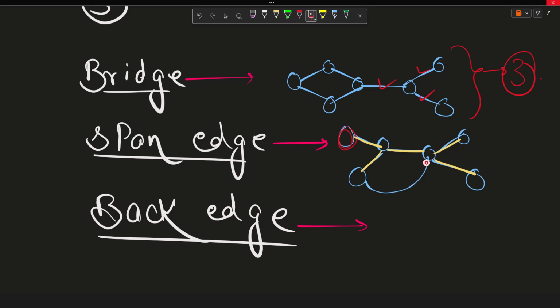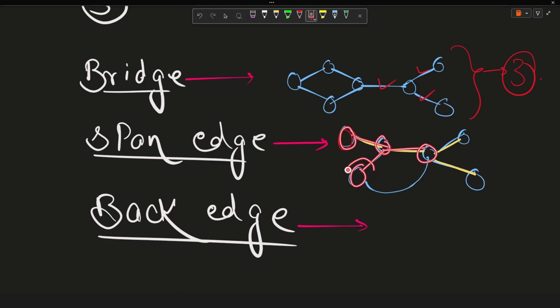So what is this back edge doing, if you see clearly? It is connecting a vertex with its own ancestor, right? Because if this graph was rooted at this vertex, we would have gone from this vertex to this vertex, then this vertex, then this vertex.